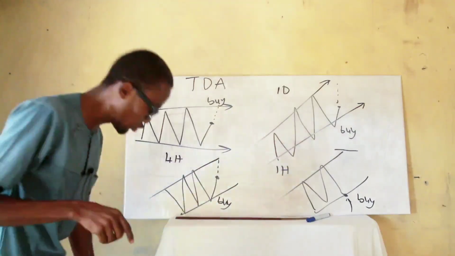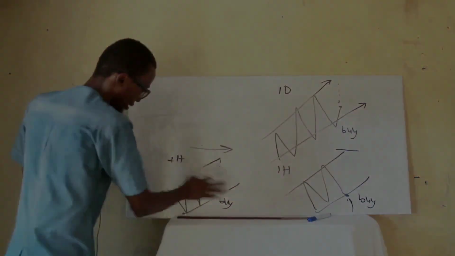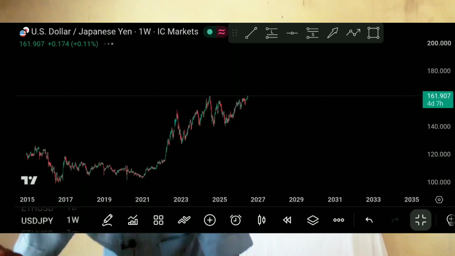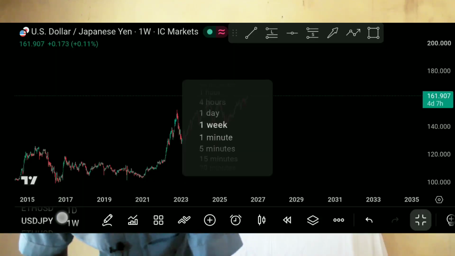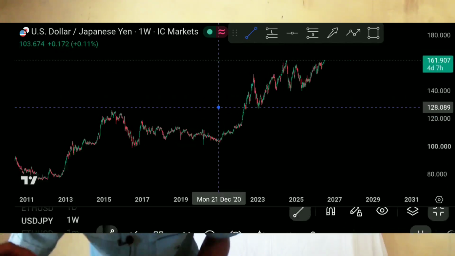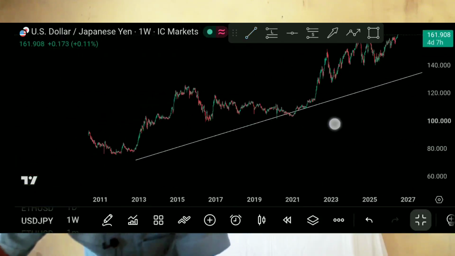Now, let me show it to you on the chart so that you are going to understand it better. If you come to the chart, you will see how this thing is moving. You are seeing it here. This is 1 week. Now, if I carry my trend line and mark this 1 week, you will see what is going on.